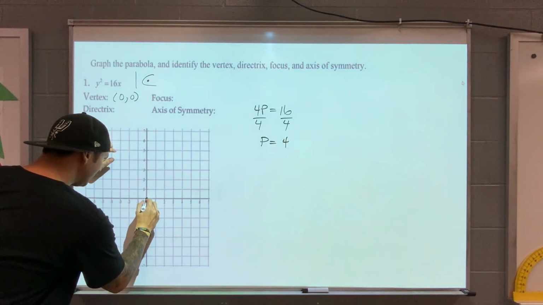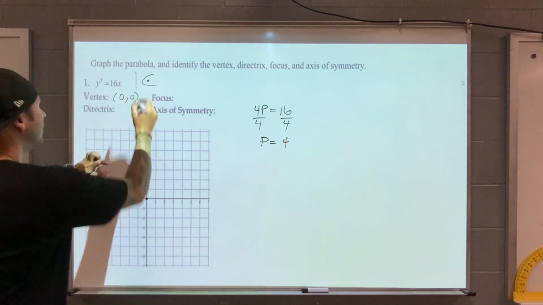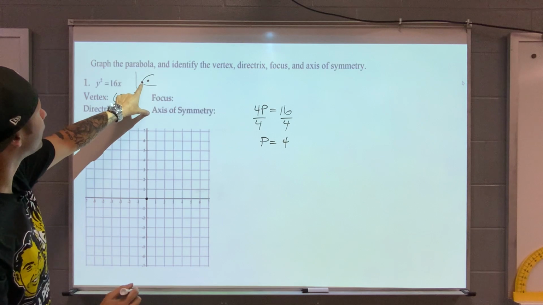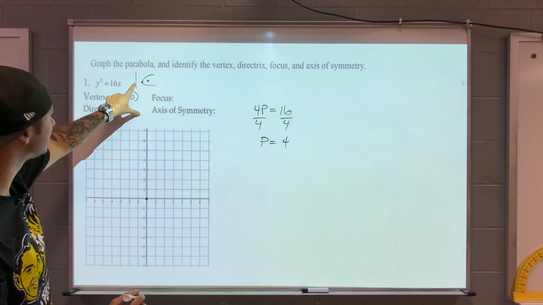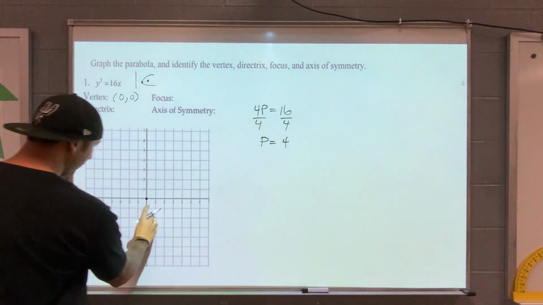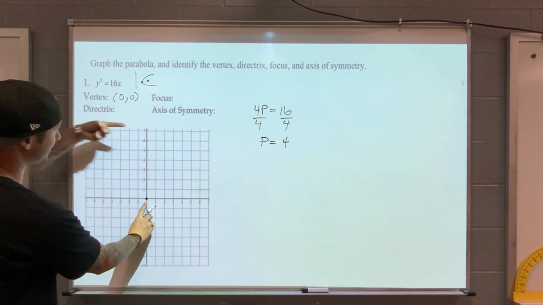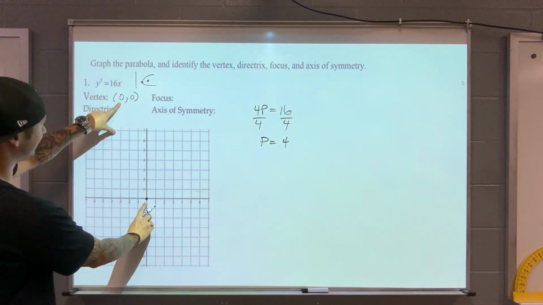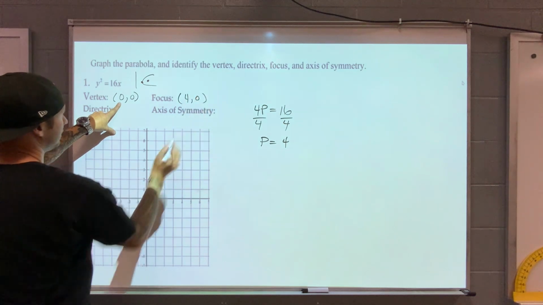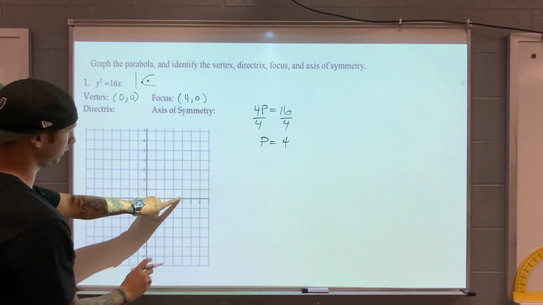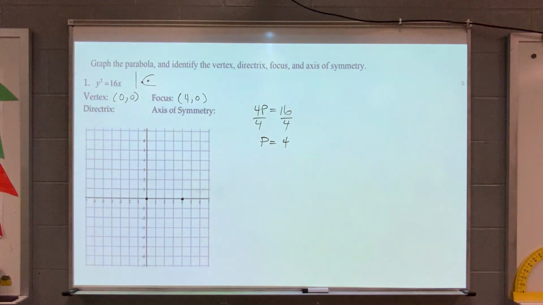That means that p is the distance from the vertex to the focus and from the vertex to the directrix, 4 units. So if I know that the vertex is here, the focus is going to be 4 units that way. So x is going to increase by 4: 1, 2, 3, 4. The focus is (4, 0), we're good.